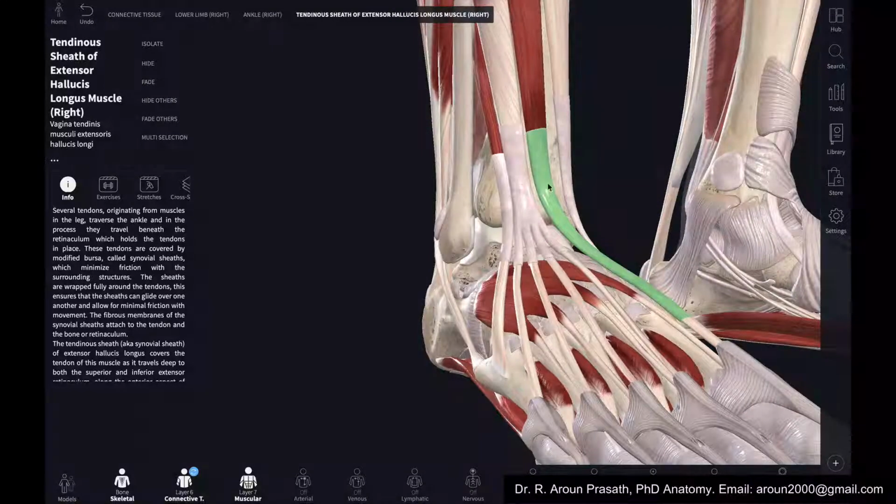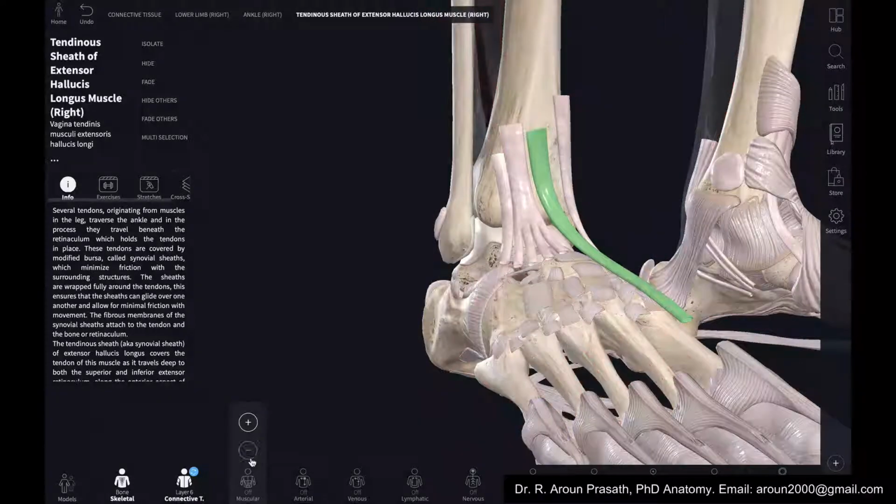So this extensor retinaculum is acting as a lock for these tendons. Okay, so this is what you have to know about the ankle.